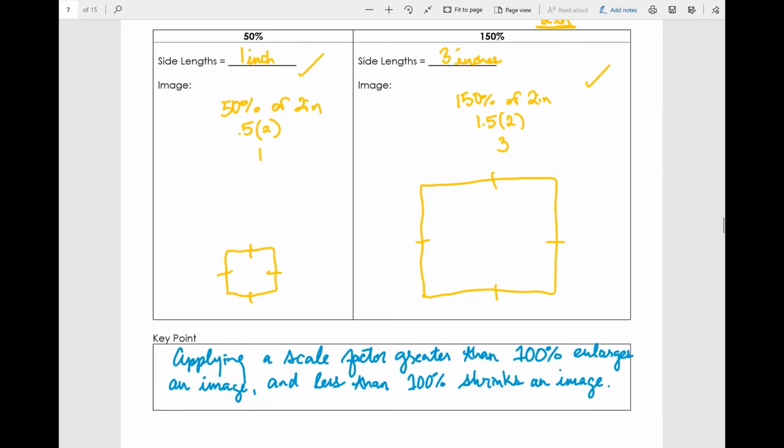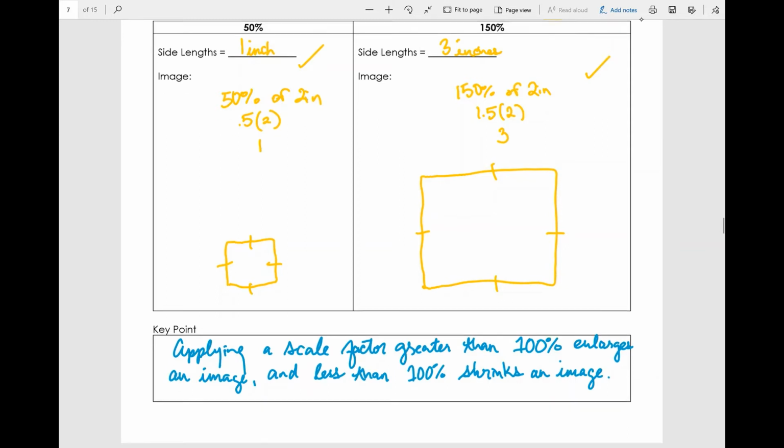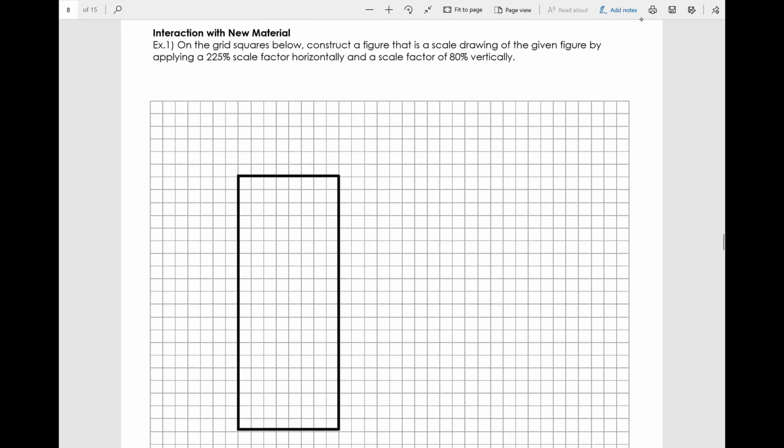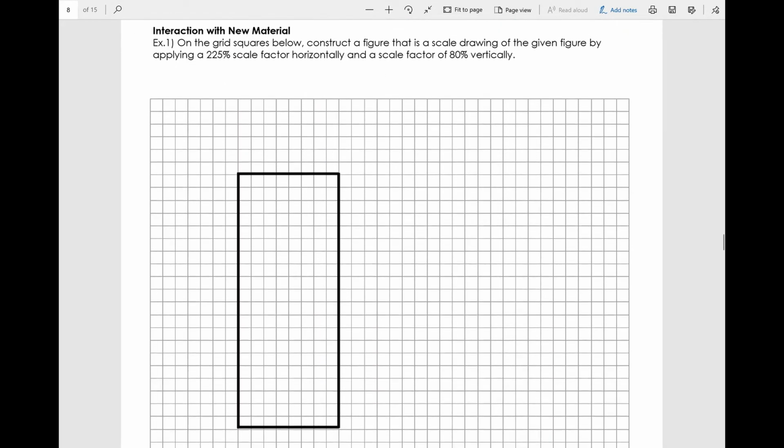Okay, so now that we have the key point, we can move on to the interaction with new material. So let's scroll down. It says on the grid of squares below, construct a figure that is a scale drawing of the given figure by applying a 225% scale factor horizontally and a scale factor of 80% vertically.